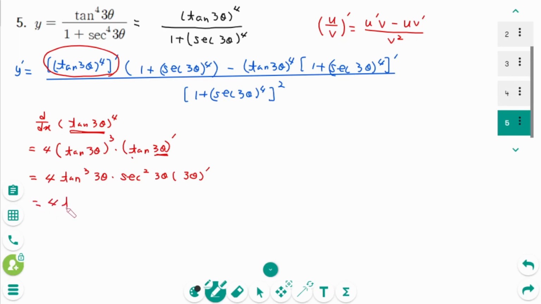So 4 tangent cubed 3 theta times secant squared 3 theta times 3 theta prime equals 3. The final answer is 12 tangent cubed 3 theta times secant squared 3 theta.